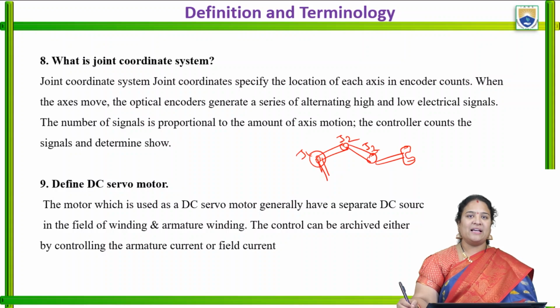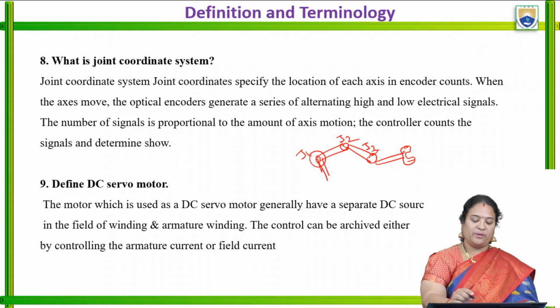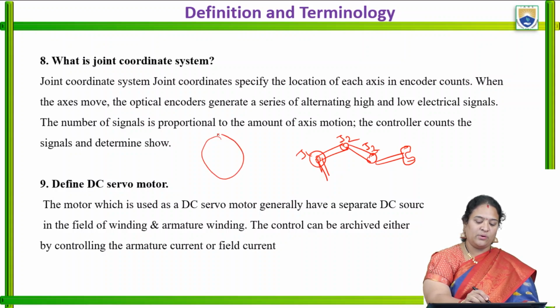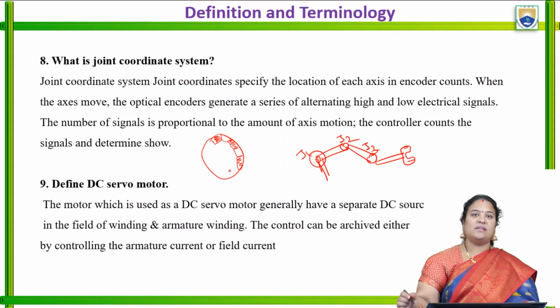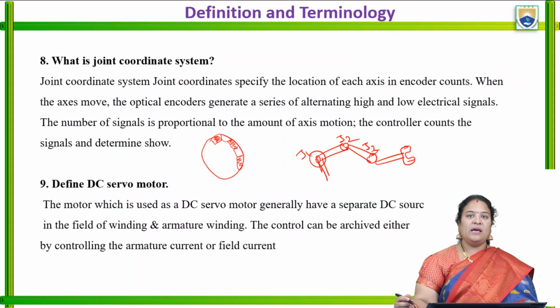When this particular axis moves, the optical encoder generates a series of alternating high and low electrical signals. The encoder has some parts shaded and some not shaded, so when the encoder moves with its axis, it generates a series of alternating voltage signals, high and low.